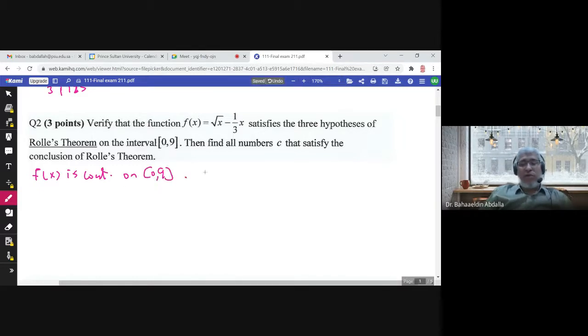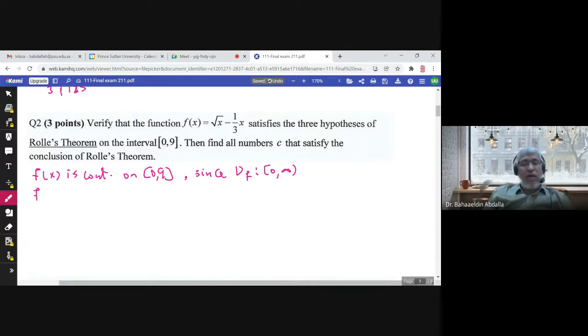That's true because the domain of f has a square root, so x has to be greater than or equal to 0. The domain is from 0 to infinity, and the interval 0 to 9 is part of it. So the function is continuous on 0 to 9.